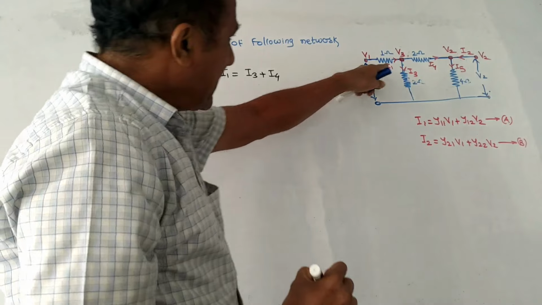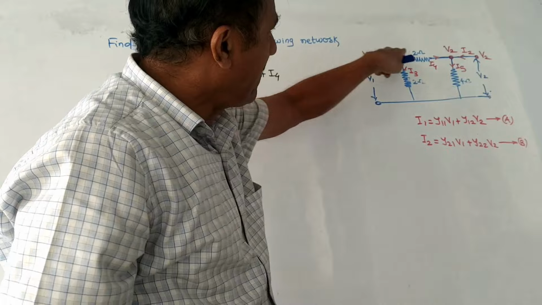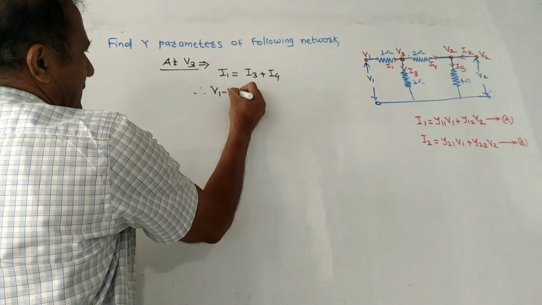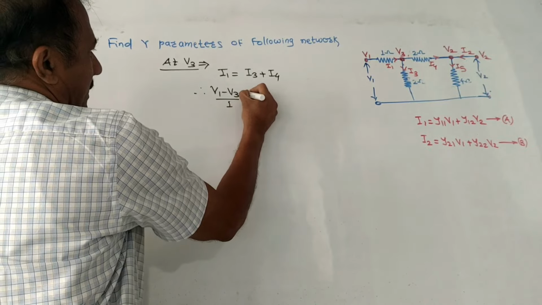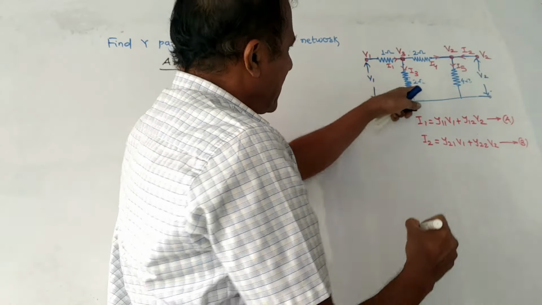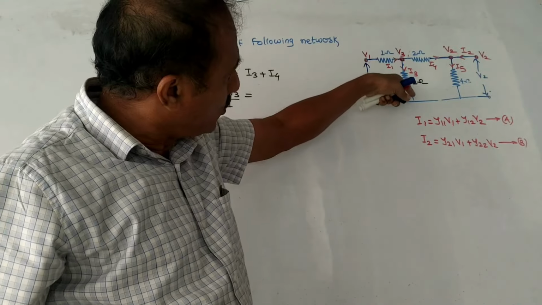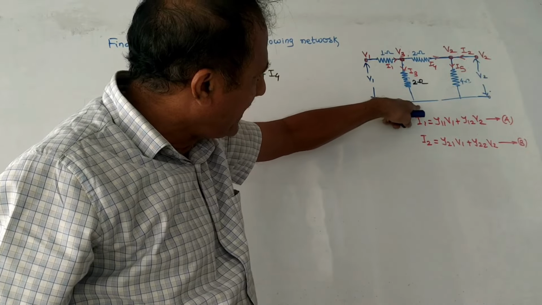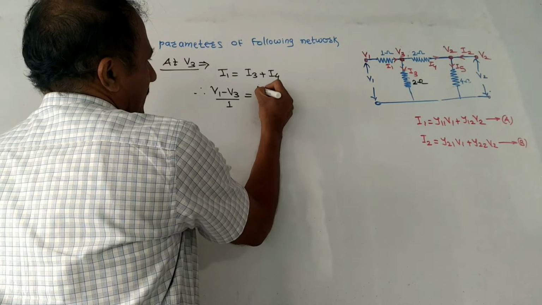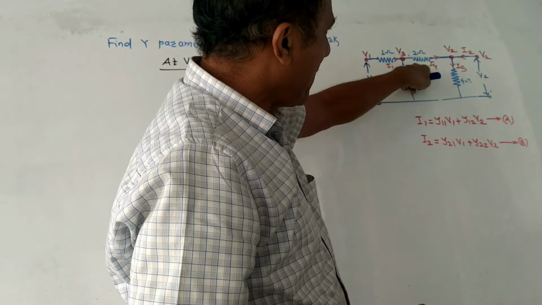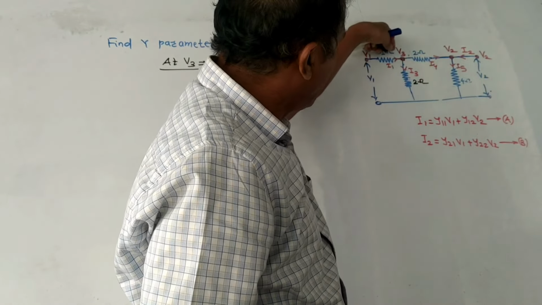Now, this current I1 can be written as V1 minus V3 upon 1. So I will write it like this: V1 minus V3 upon 1 is equals to I3. This resistance is 2 ohm. I3 is the current passing through 2 ohm, so it is V3 minus 0 upon 2, that is V3 upon 2, plus I4. I4 is the current passing through 2 ohm from V3 to V2.